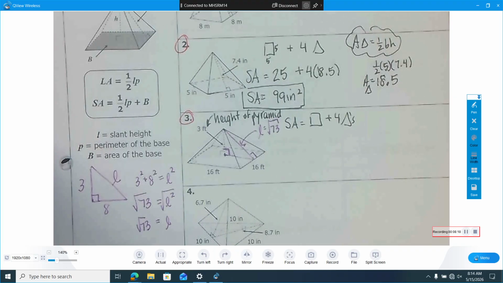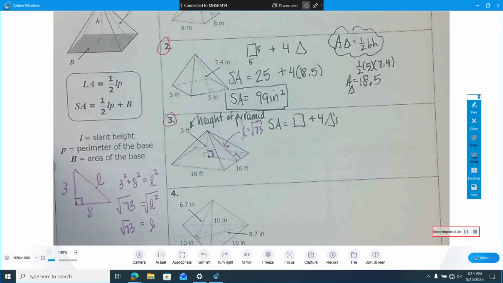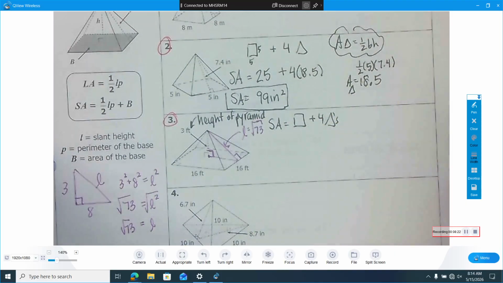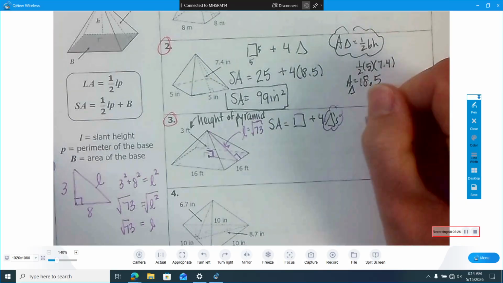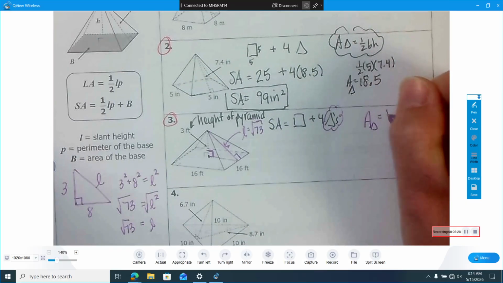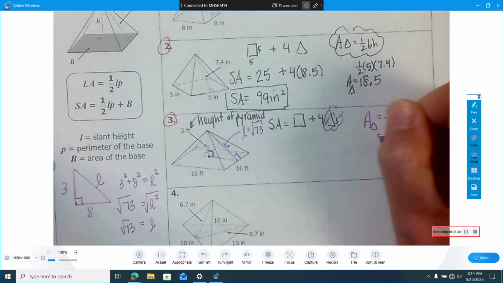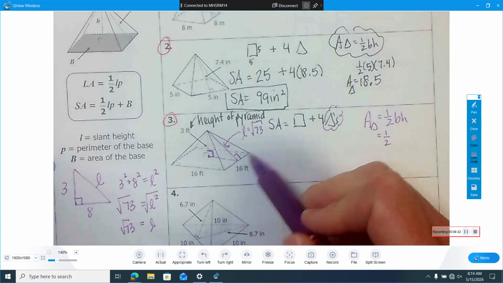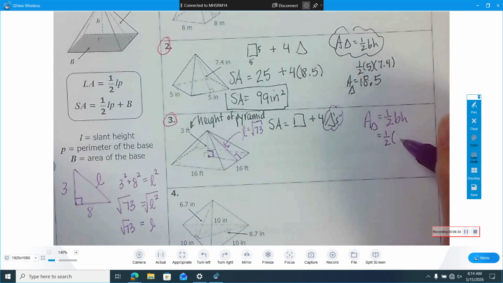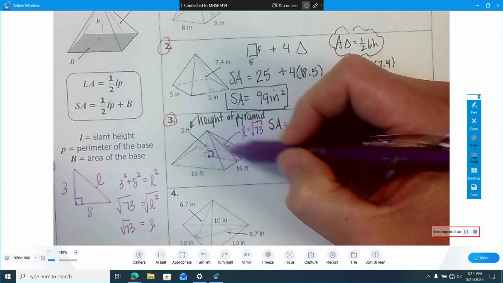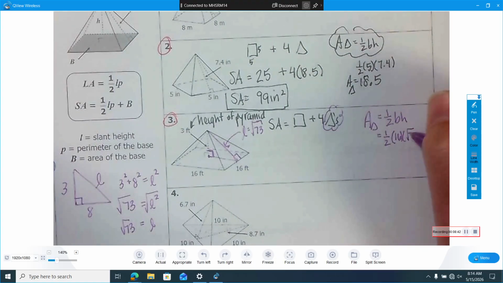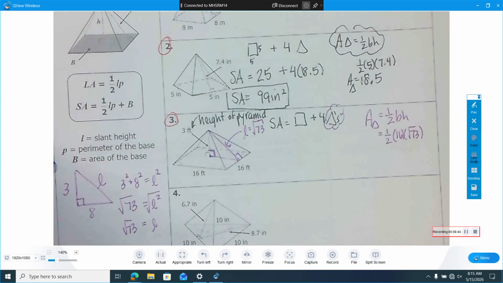All right, now that I have the slant height, now I can figure out the area of my triangle. So let's find the area of my triangle. 1/2 base times height. And what's the base of our triangle? 16. And then the height of my triangle, so that is that slant height there, which is radical 73.